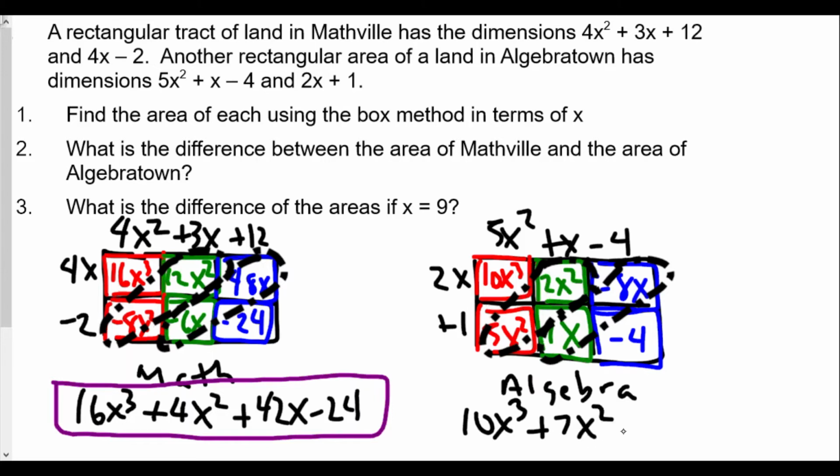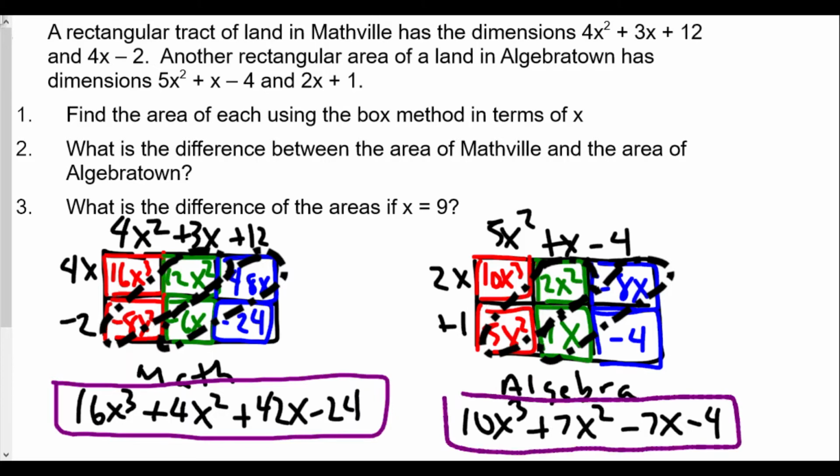And then negative 8x plus 1x gives me negative 7x. And we have negative 4 at the end. So the area for the tract of land in Algebra Town will be, in terms of x, 10x cubed plus 7x squared minus 7x minus 4. Okay, so that's the first part.